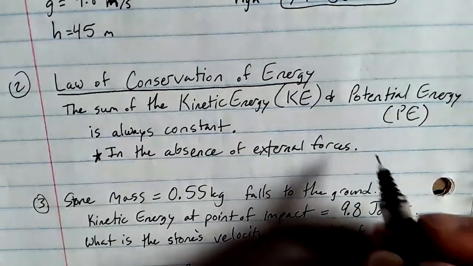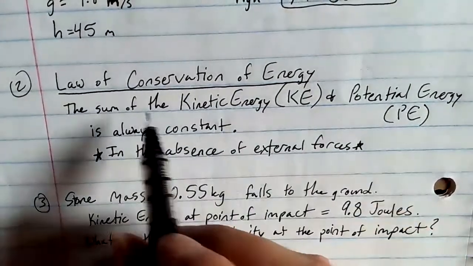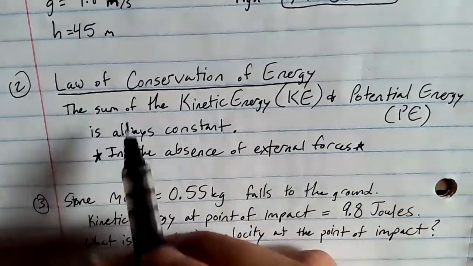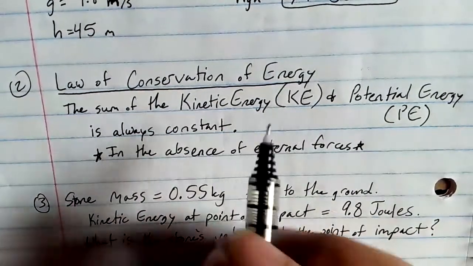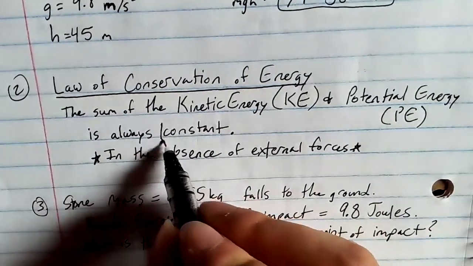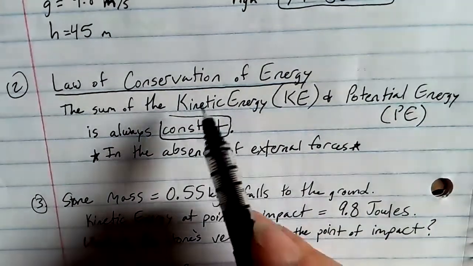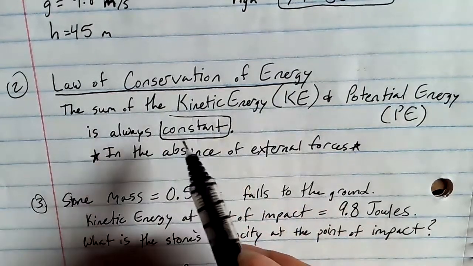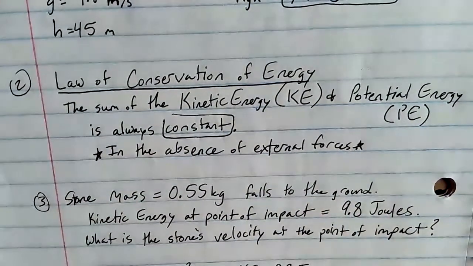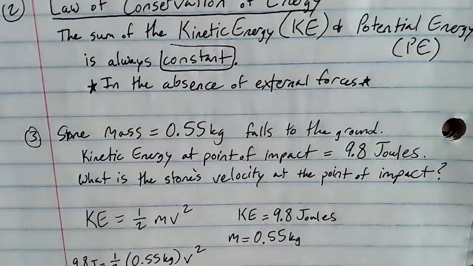And in all the questions we're looking at today, this is true. The law of conservation of energy states that the sum of the kinetic energy and potential energy is always constant. Energy is conserved, the energy is constant, the same level. Okay.